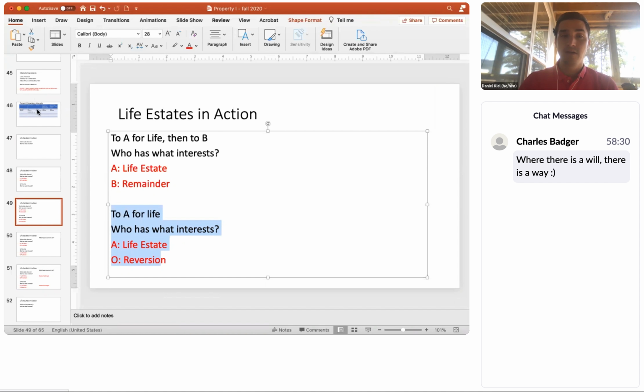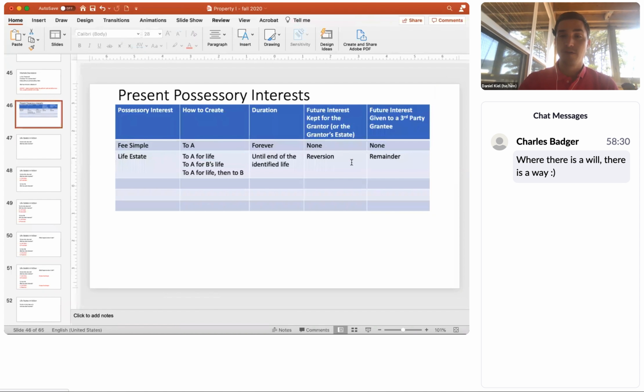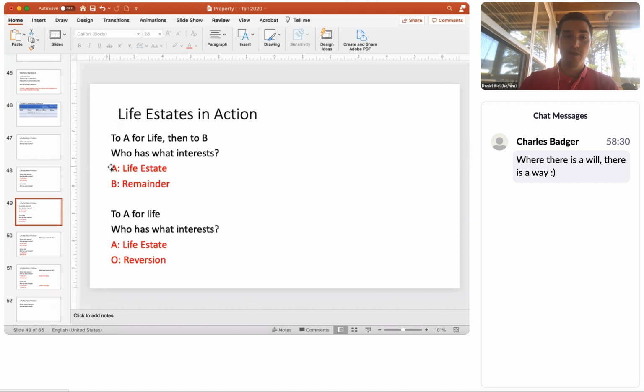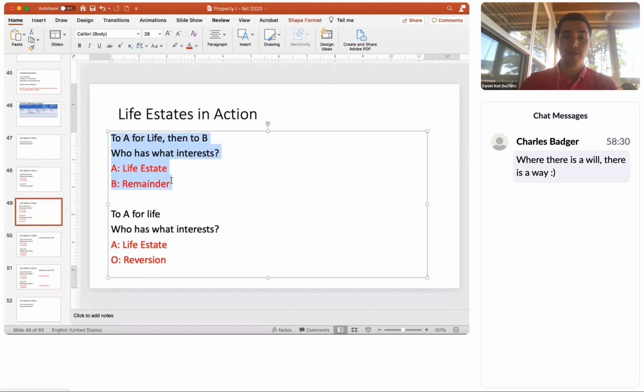Life estate. We know there's a future interest. Here, is it given away in 2A for life, then to B? Yes, it is. Therefore, it is this kind of future interest, a remainder. And so if we go back over here, we're looking at this one, 2A for life, then to B, who has what interests? A has a life estate, B has a remainder.